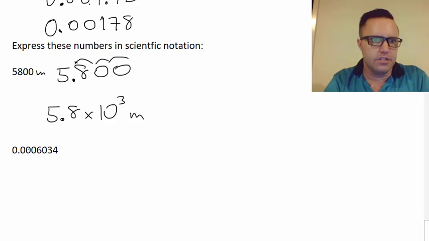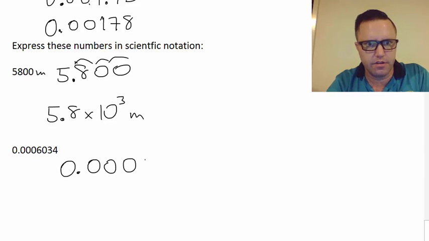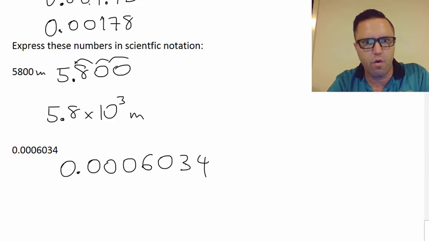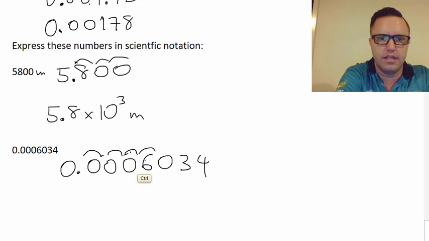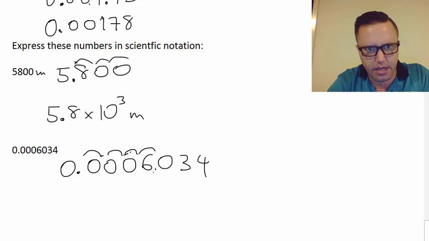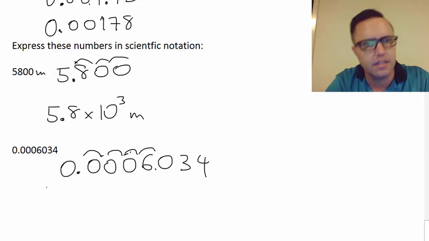Okay, and again here. So let's rewrite our number again nice and big so we can see it. 0.00060034. And let's think about how far to move it. 1, 2, 3, 4, 5, 6. Whoops. That's a bit too many because our number is going to be here, because it'll be 6.034 will be our significant figures.